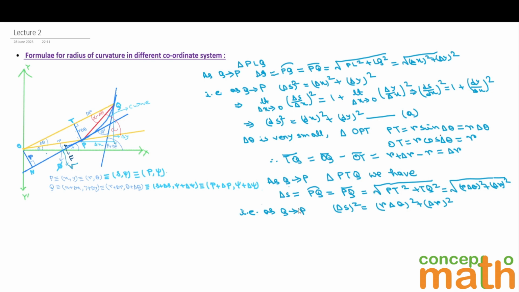Now see, when Q approaches P, in that case delta r also approaches 0.